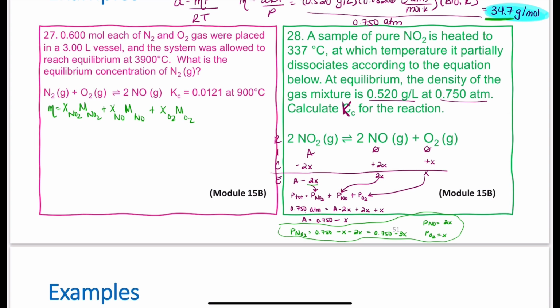But I don't know the mole fractions, that's the problem. I do know that the pressure of A is equal to the mole fraction of A times the total pressure of the system. So the mole fraction of A is equal to the partial pressure of A over the total pressure. I know the partial pressures, and I know the total pressure. I didn't say this was a fun question, but I can do this.